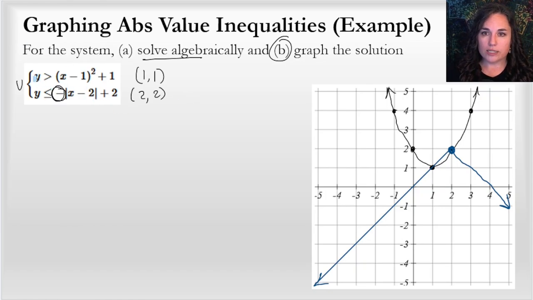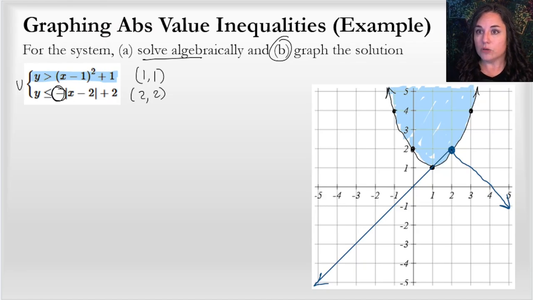The first part says the output is greater than the parabola. That's how I'm going to read that. The output is greater than the parabola. Well, that's going to be in this region here. When the output is greater than the parabola, it's all of this region in here, all the way down there. You can see that overlapping region in there. That's going to be a region of interest, right?